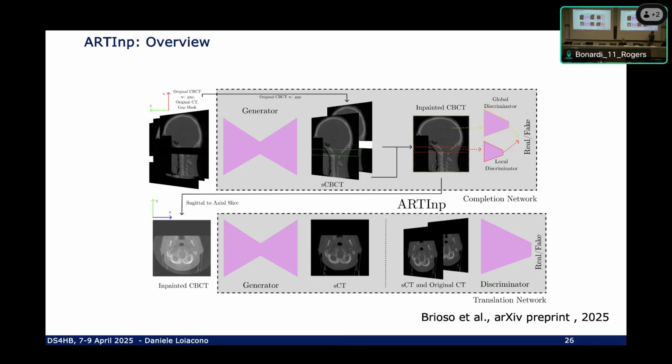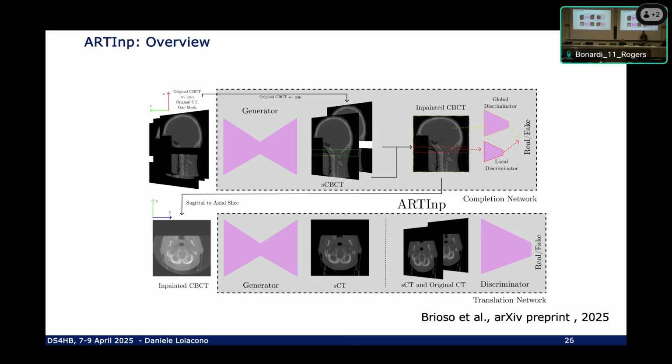This is two generative adversarial networks combined together. The first one, the one on top, is the completion network. That is a generative adversarial network that tries to complete a cone-beam CT with a missing area. So it was trained by using complete cone-beam CTs where we artificially removed a small area. The architecture, as I said, is a generative adversarial network with a generator and two discriminators.